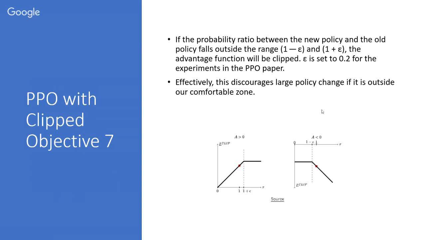If the probability ratio between the new policy and the old policy falls outside the range, then the advantage function would be clipped, with the range set to 0.2 in experiments in PPO. Effectively, this discourages large policy changes if it's outside a comfortable zone.